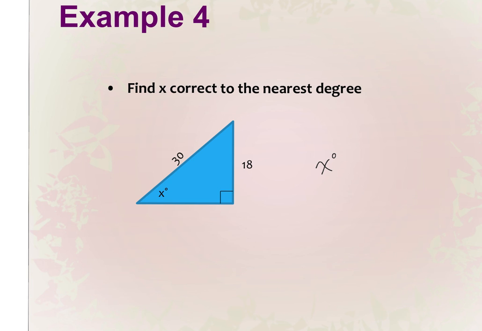Very good. If you use sine, you can use the x and the 30 because it's opposite over hypotenuse. We can use the 18 because it's opposite, and this is our hypotenuse. So we have opposite and hypotenuse. That's SOH. So this is O over H, which is 18 over 30.